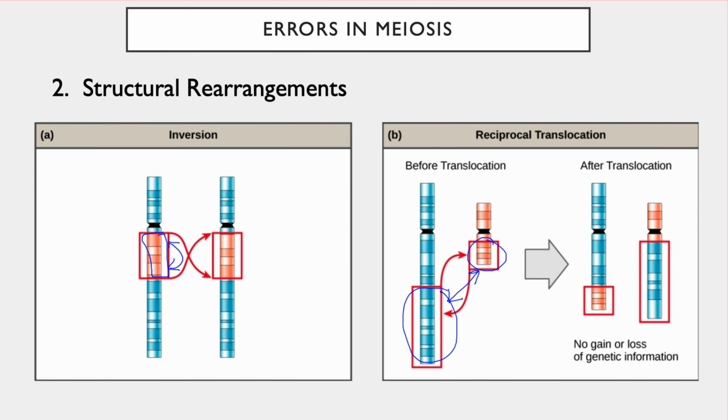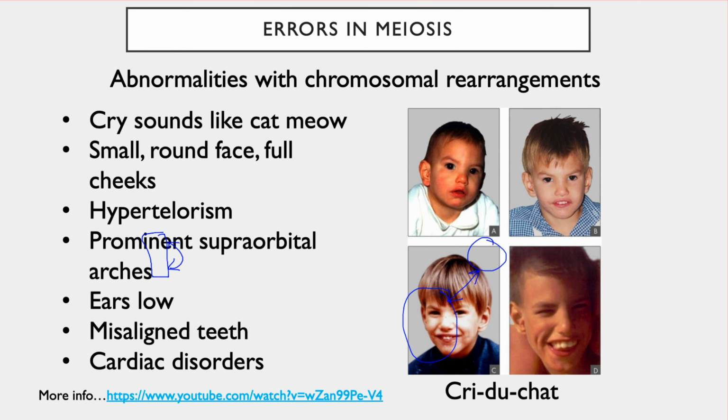One particular example is a disorder where you have a chromosomal rearrangement that's the reciprocal translocation of chromosome number 5 with another chromosome, say like chromosome number 11.